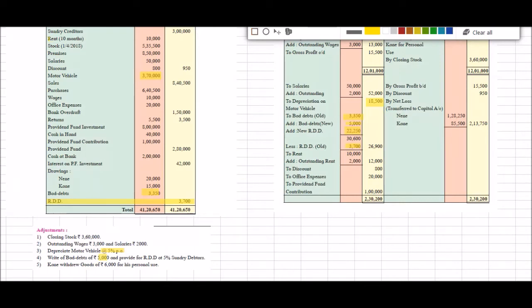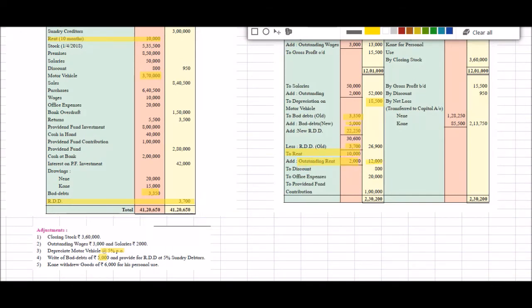Next amount is rent. Rent amount for 10 months is 10,000 rupees, and I have taken it here. Add outstanding rent of 2,000 rupees, so the total becomes 12,000 rupees.